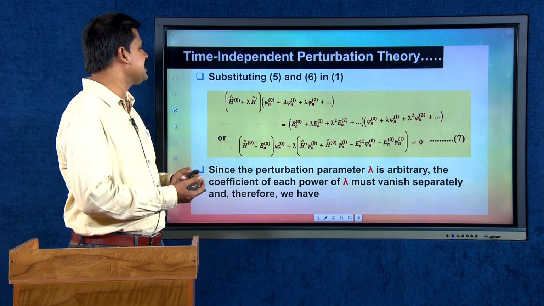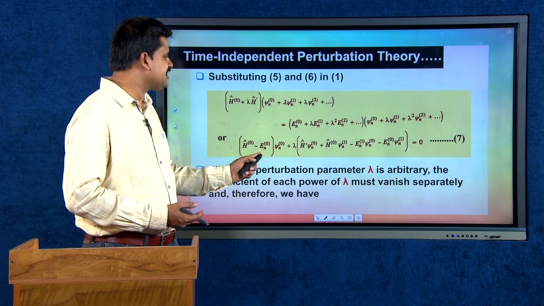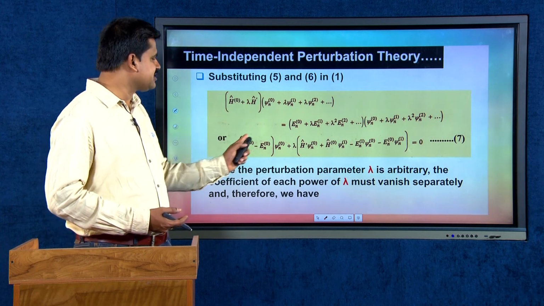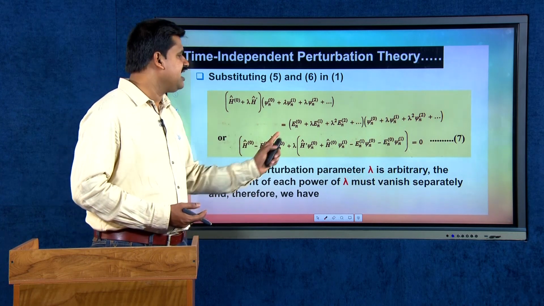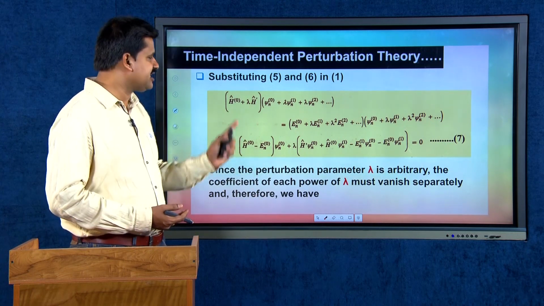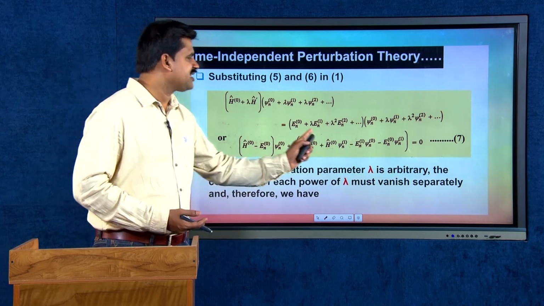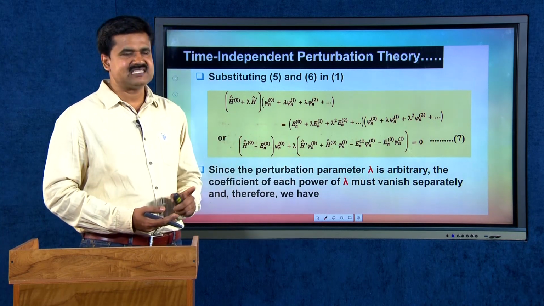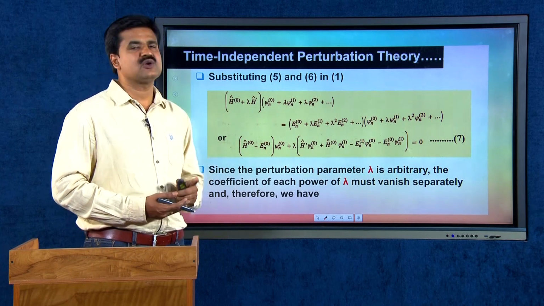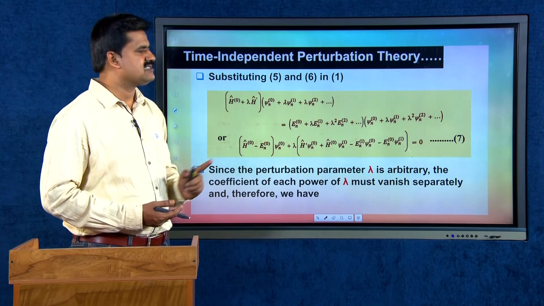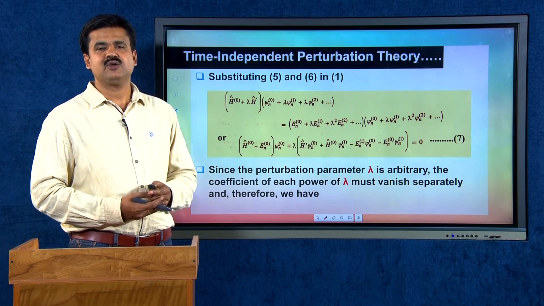On simplification, this equation changes to the form h hat 0 minus En0 into psi n0 plus lambda into h hat dash psi n0 plus h hat 0 psi n1 minus En1 psi n0 minus En0 psi n1, with the right-hand side equal to 0.